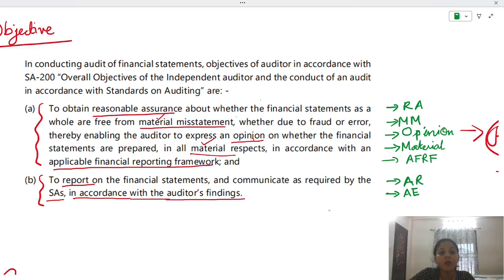To report is through the audit report, right? And communicate as required by the SAs. So SAs require the auditor to communicate to whom they should, and this is as per their findings.